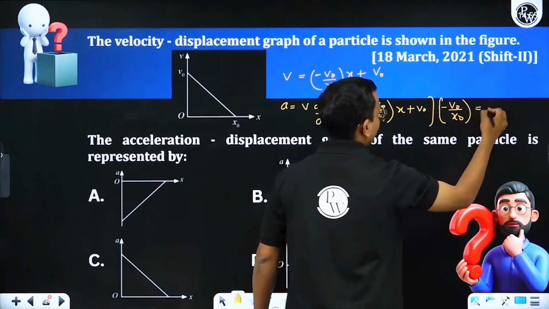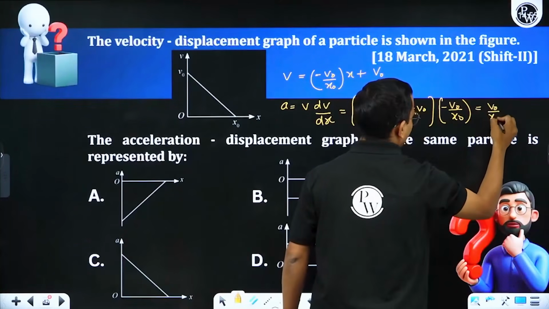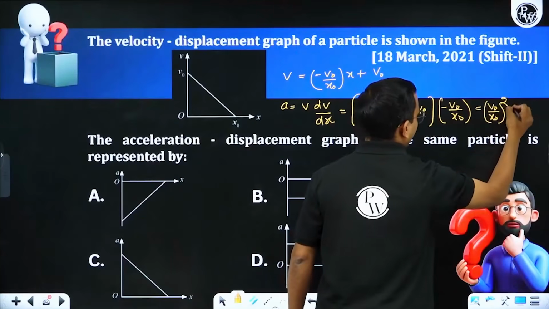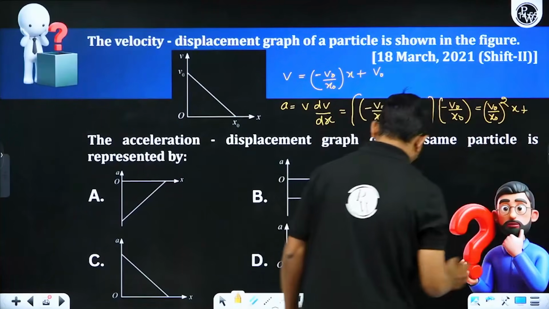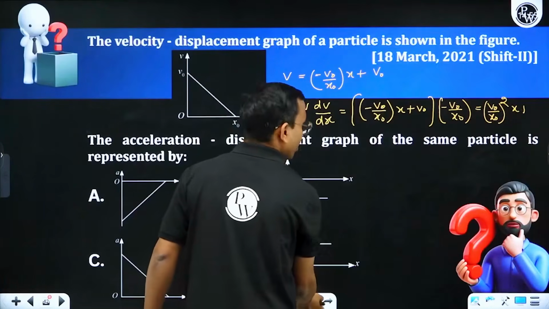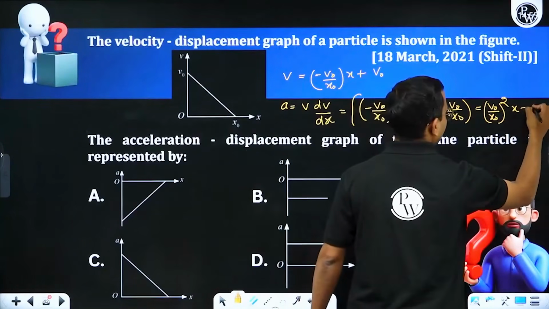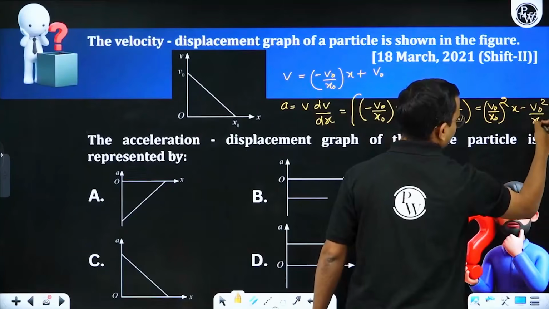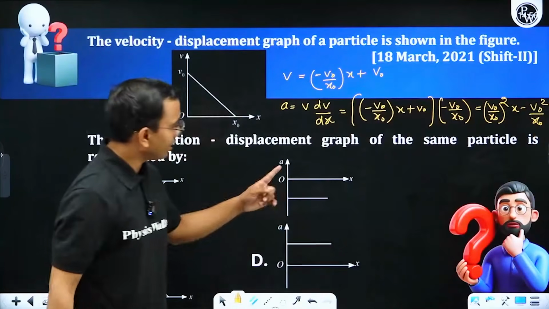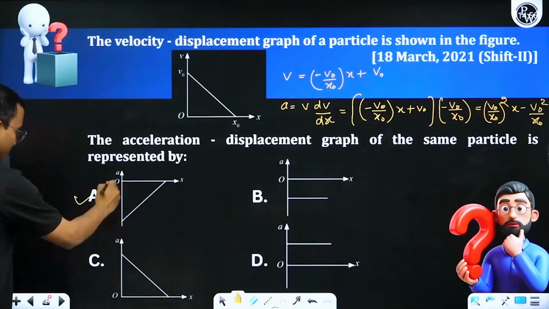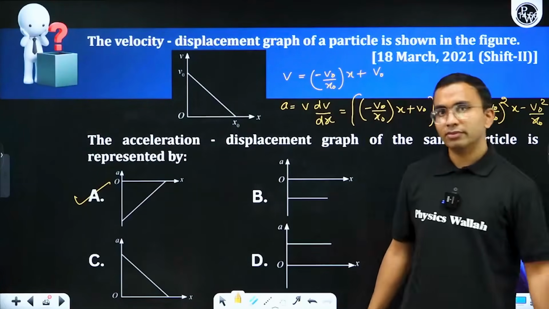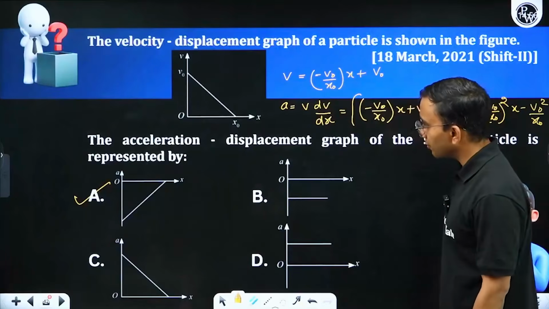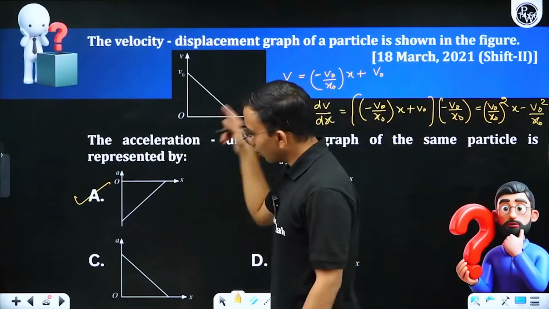So it becomes v naught by x naught whole square into x minus v naught square by x naught. So here I am getting the intercept as negative and the slope as positive. You see? Got it? Yes, intercept is negative and slope is positive.